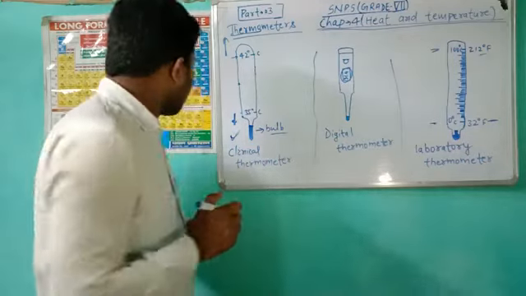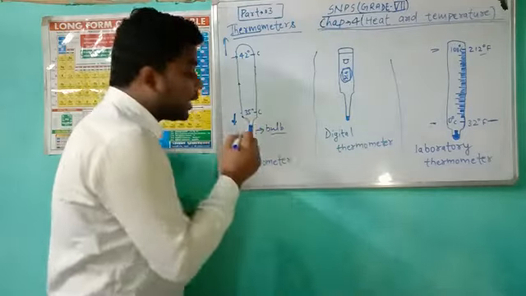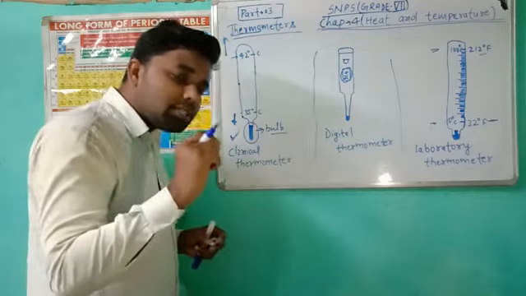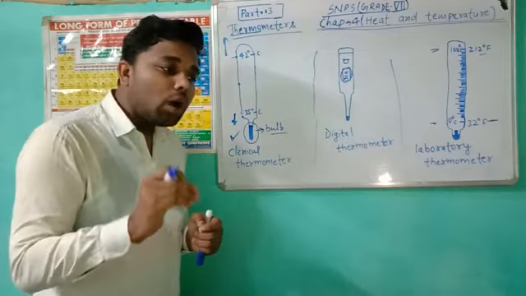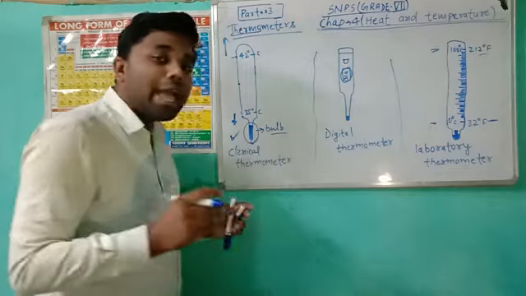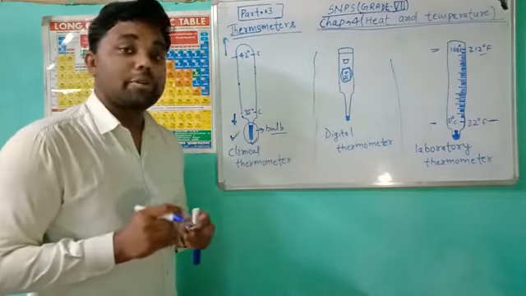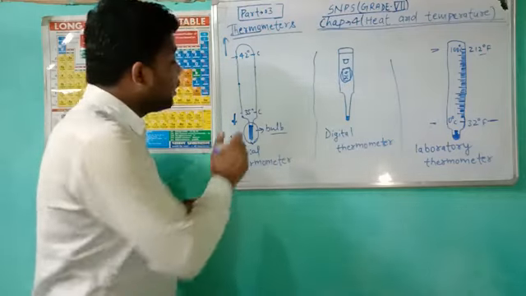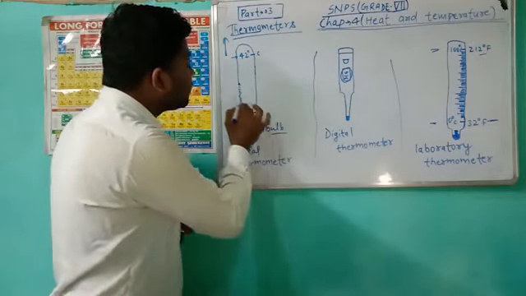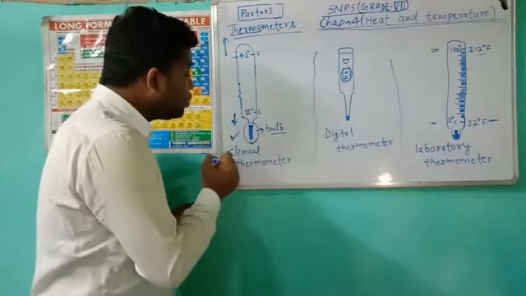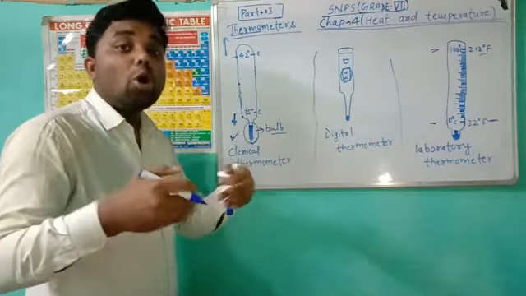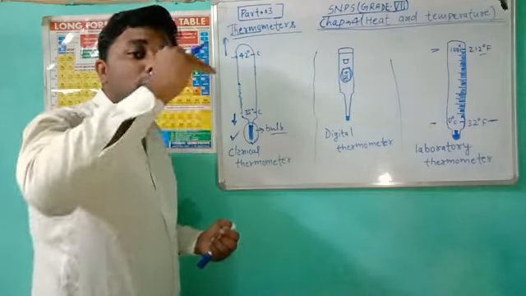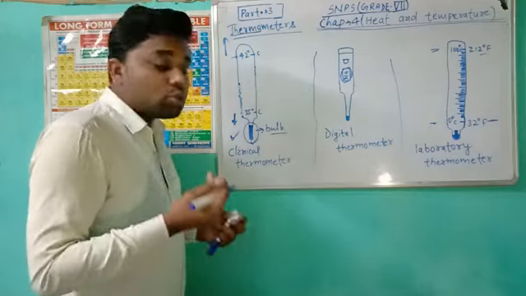And here we can see a little bit of a kink or bend. The question is why there is a little kink and bend in the thermometer. Because the mercury does not stick to the wall of the thermometer, we need some time to observe the height and level of the mercury.